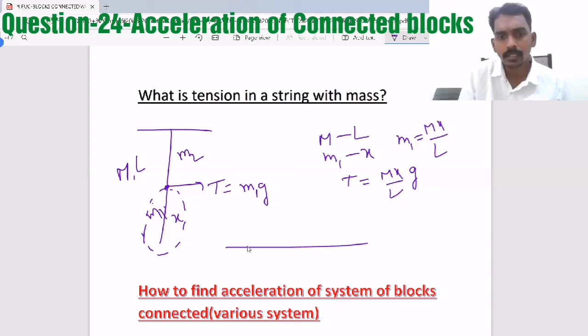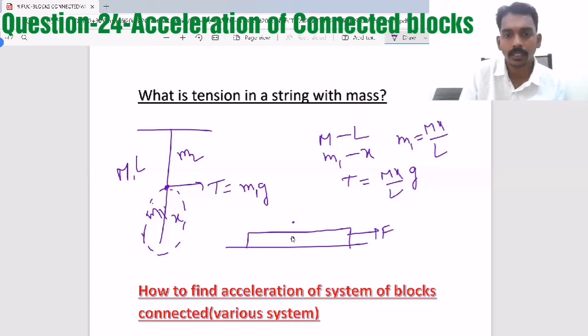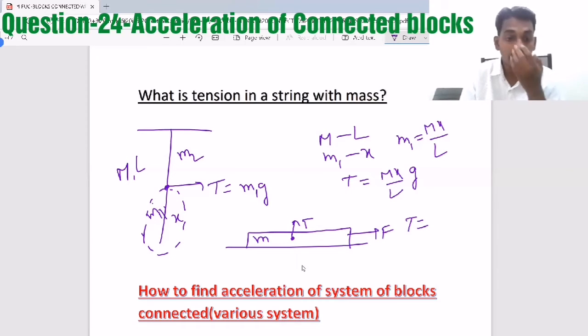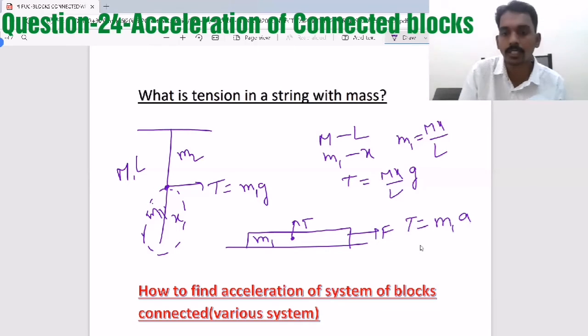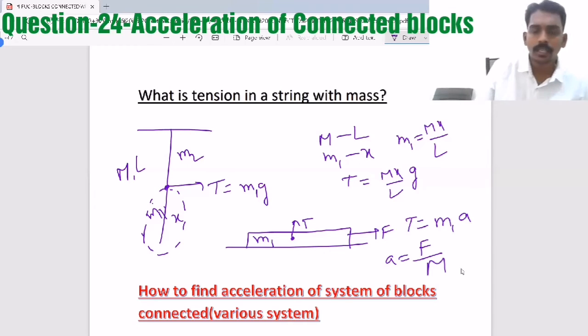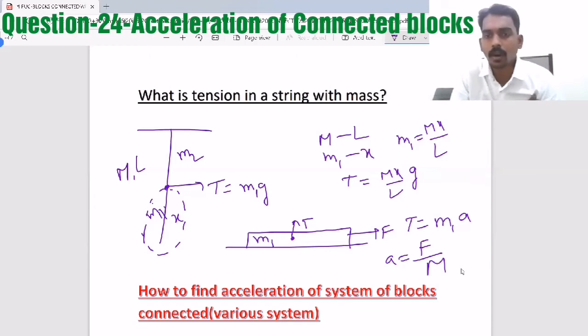In the same way, suppose this is a string and you are pulling with a force F. Then the tension at any point, let's take T, equals the mass of the part pulled by it into the acceleration of the system, where acceleration is F divided by the total mass M. This way, in case of a vertical string or a horizontal string with some mass, you can find the tension in the string.